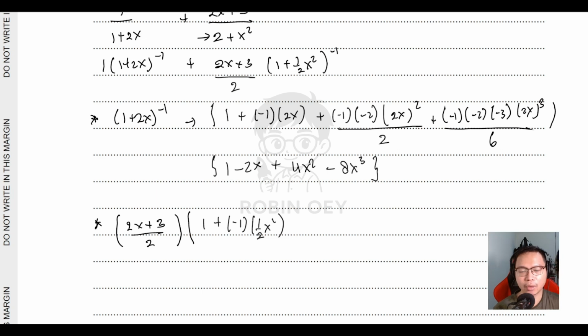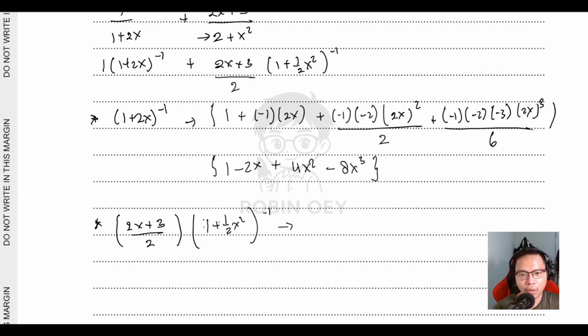Oh sorry, I have to rewrite the question first. I'm sorry. Okay, we just rewrite the question first. Okay, so the next would be 1 plus half x squared to the power of negative 1, something like this.